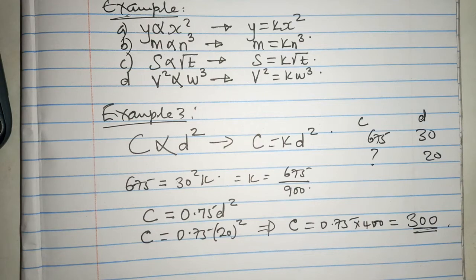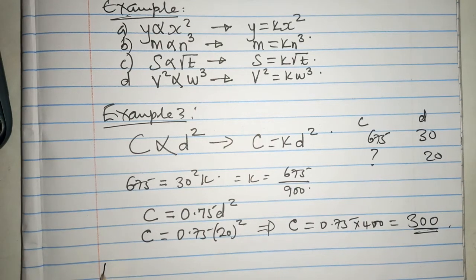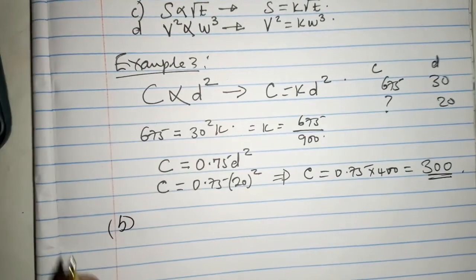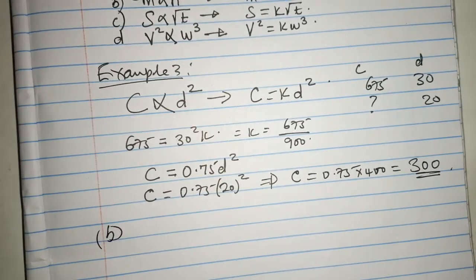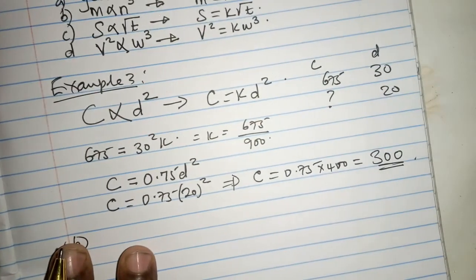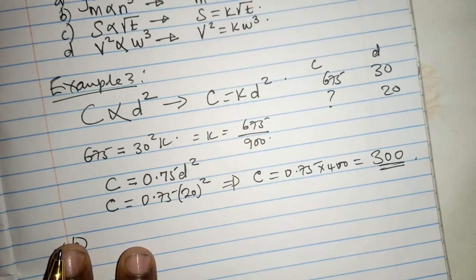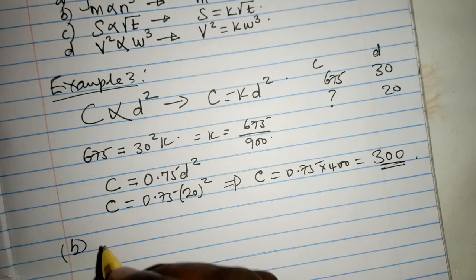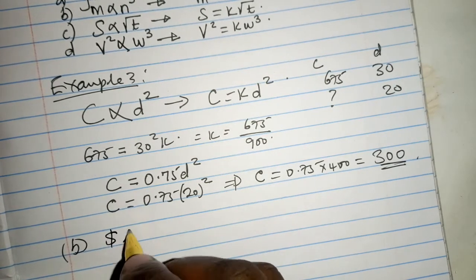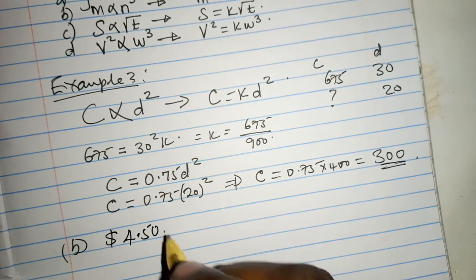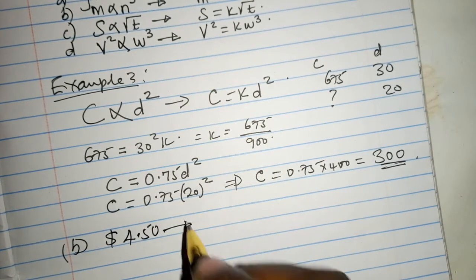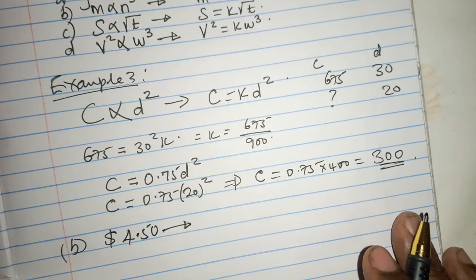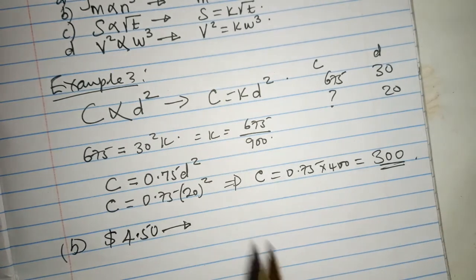Now, let us talk about part B of the same question. What size of pizza can you expect for $4.50? Of course, this has to be converted to cents because our question is already in cents.